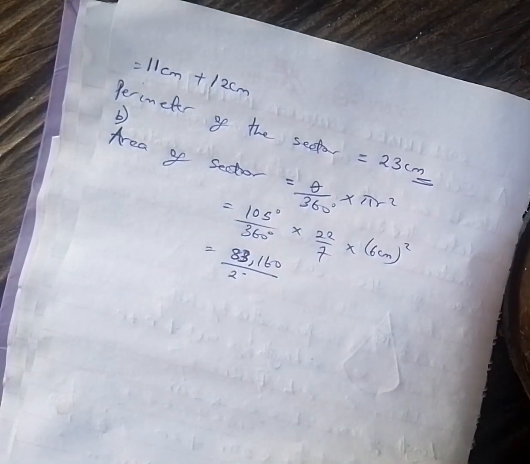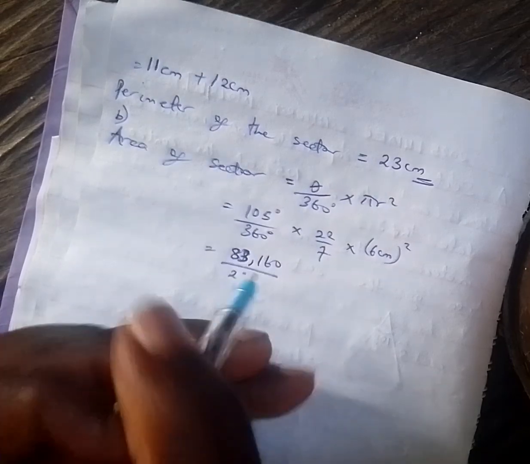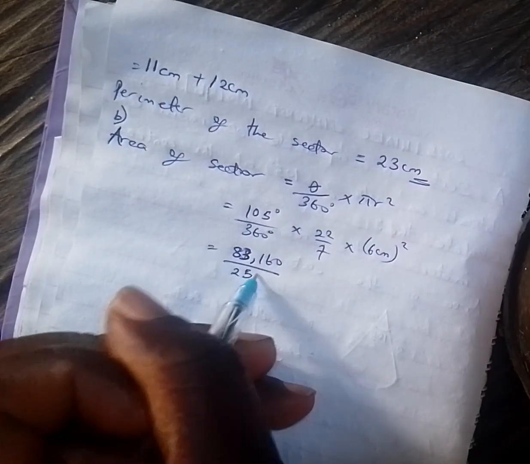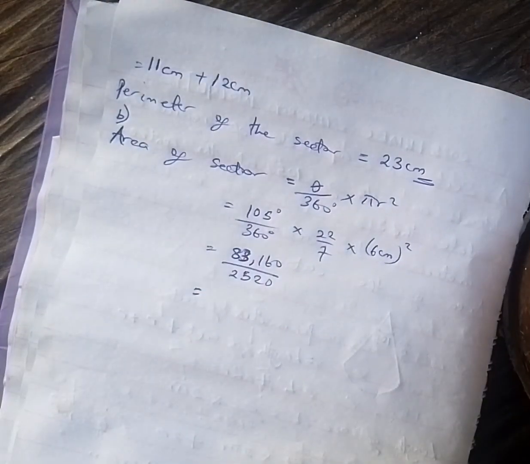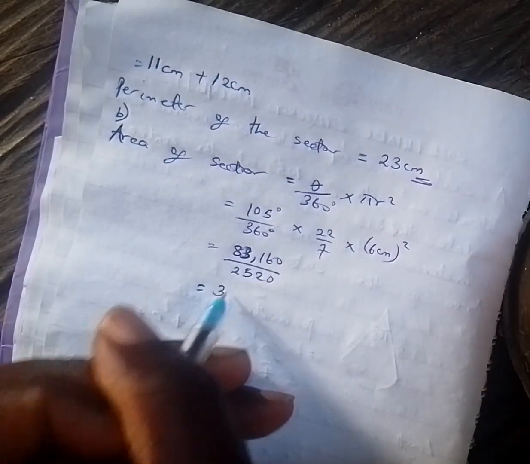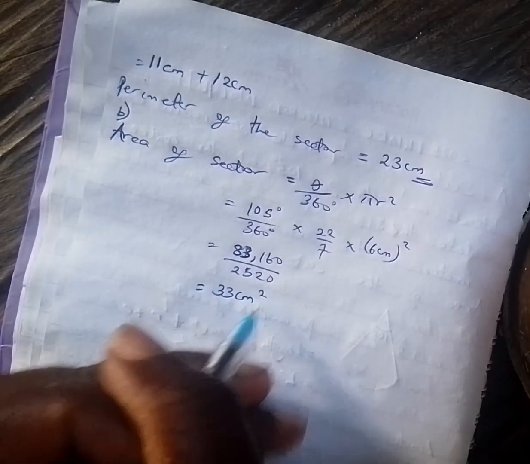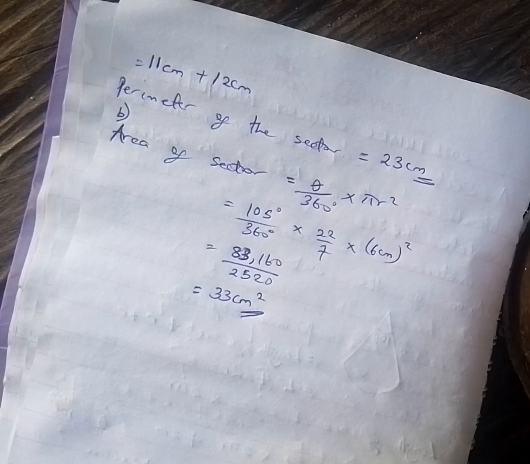Let me confirm that again. 2,520, yes. So finally, 83,160 divided by 2,520 will be 33 centimeters squared. So the area of the sector is 33 centimeters squared.